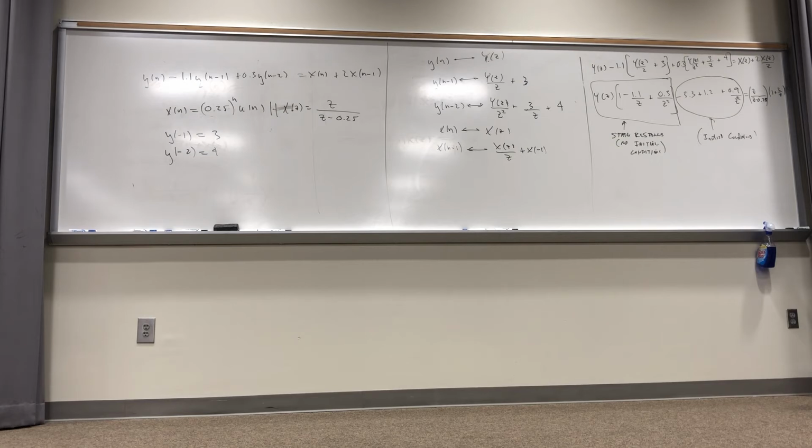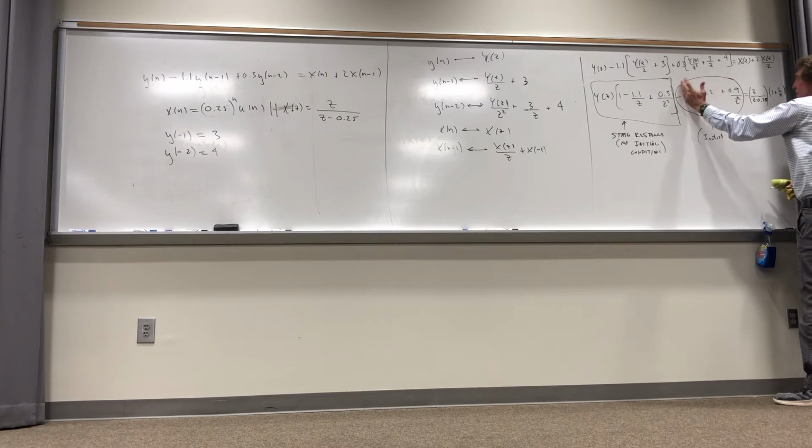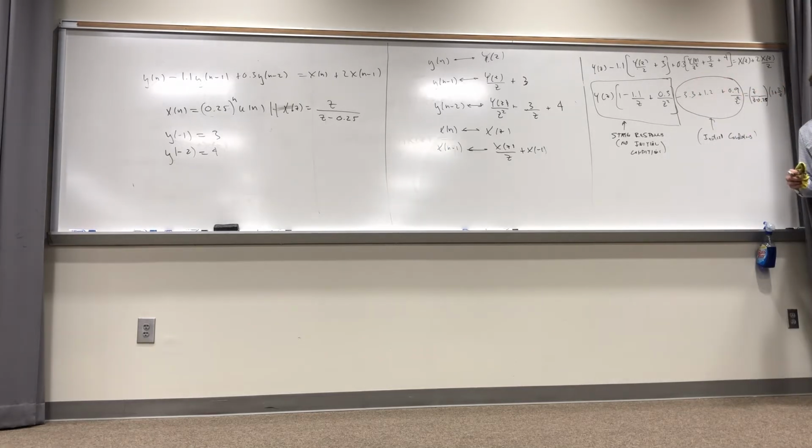Now what I've done is taken the z transform of that and broken it out into what would happen if there were no initial conditions. That would be just this equal to this, and this is due to the initial conditions. That's the only thing he's doing, is separating them out.